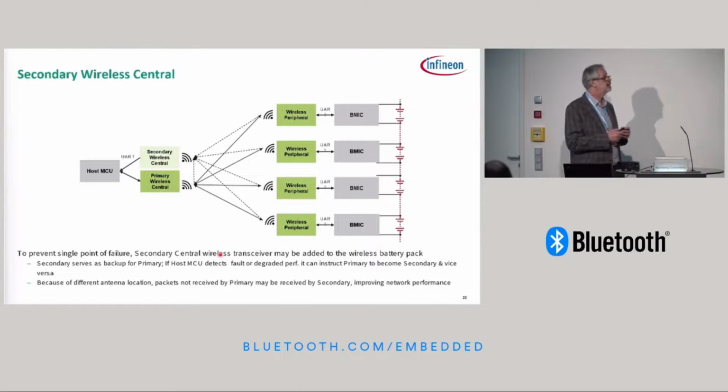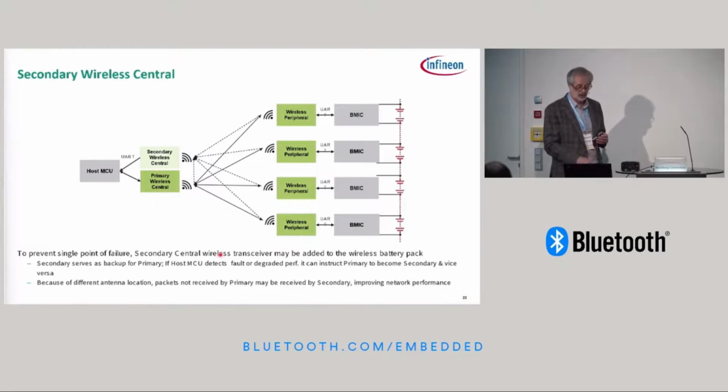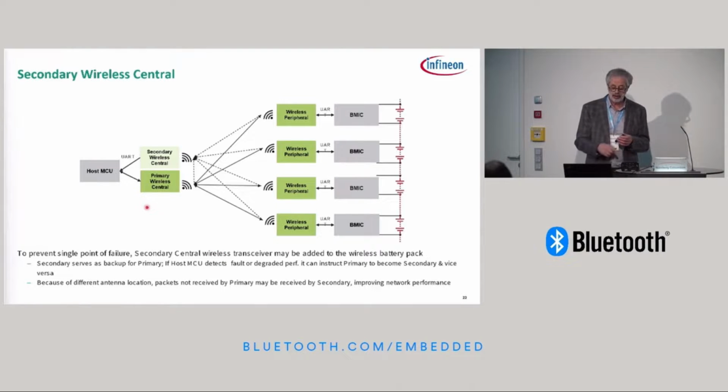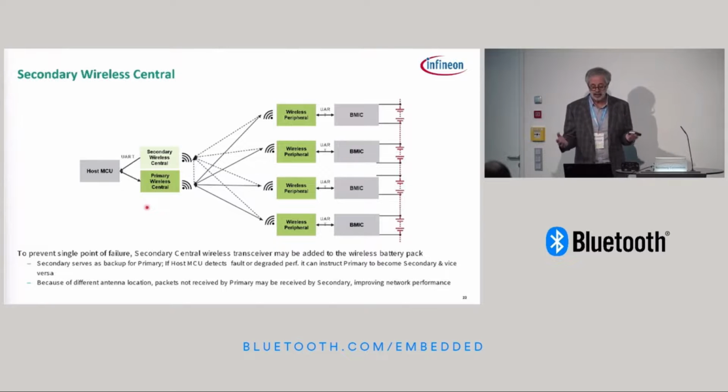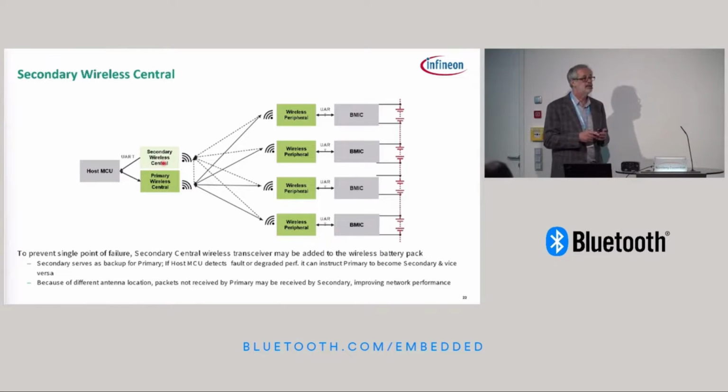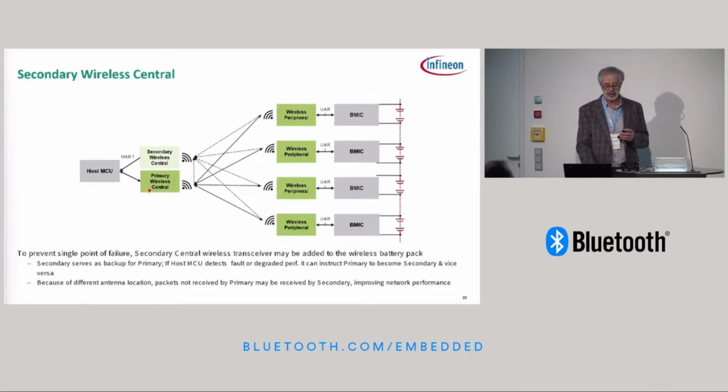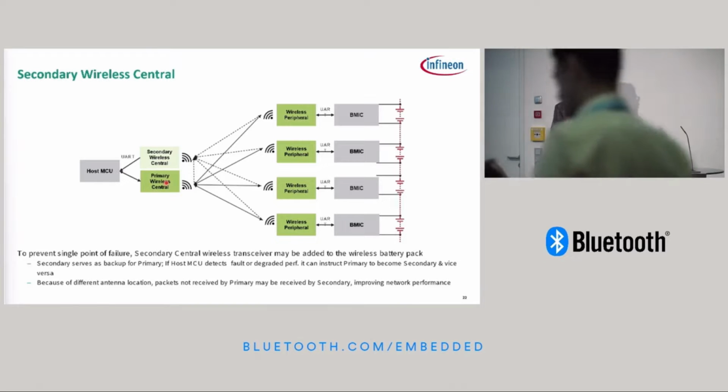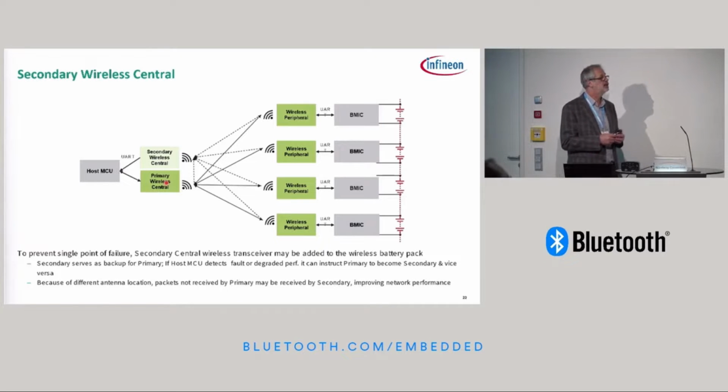Secondary wireless data is another requirement, because your central is a single point of failure. You don't want that, so you can introduce a second wireless central. For PAwR, it's interesting because the secondary, if it knows all the keys, can listen for the advertising from the primary. If it listens for the advertising from the primary, it is synchronized to your network.